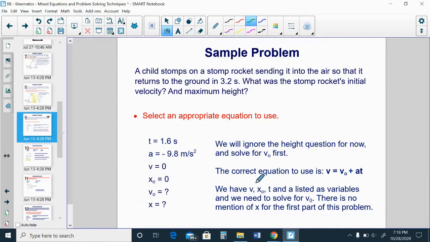We have final velocity, we have time, and acceleration listed as variables. All we're left to do is solve for initial velocity. There's no mention of position for the first part of this problem.